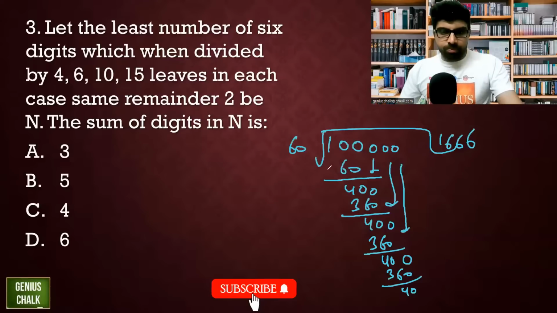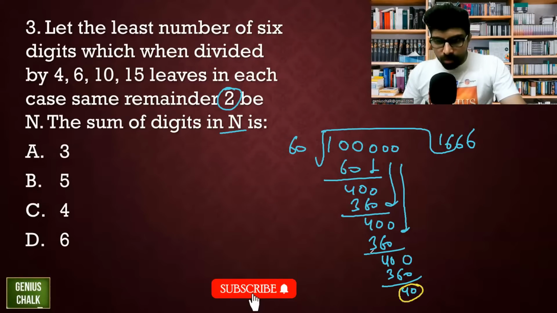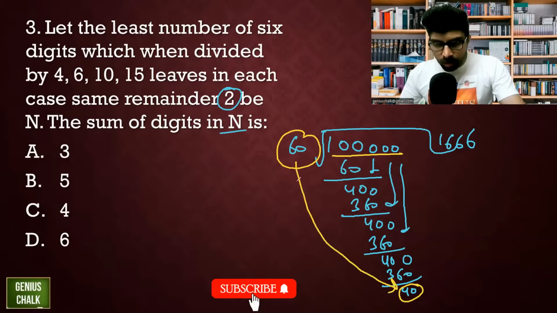Right, now it leaves a remainder of 40. So we know how to find the smallest such number. Add the difference, or you can do it like this also: 60 minus 40 will be 20. Now get the next multiple.